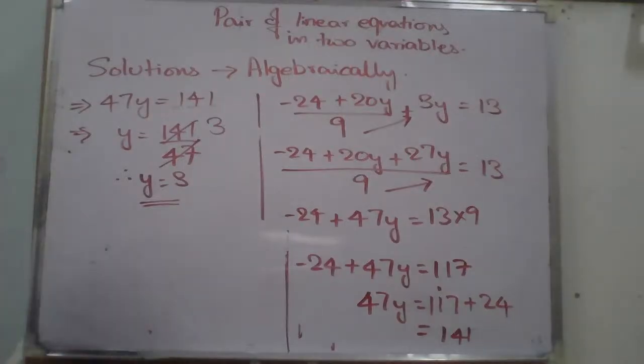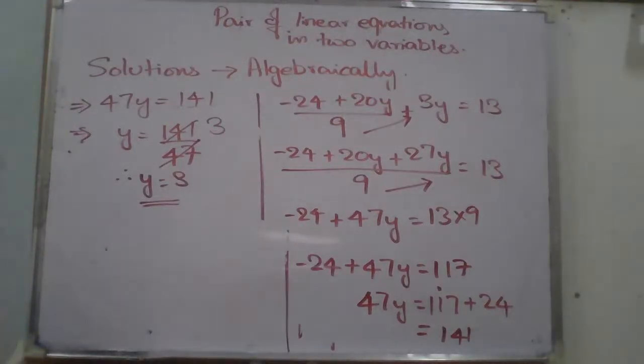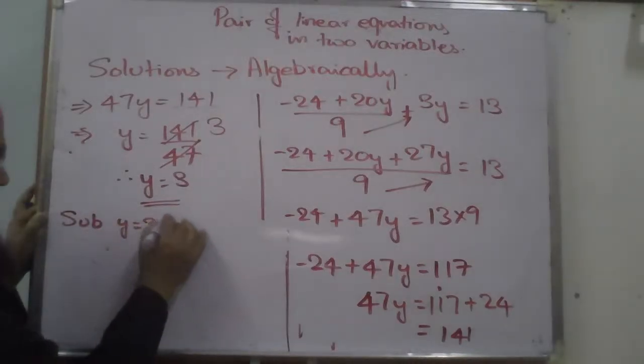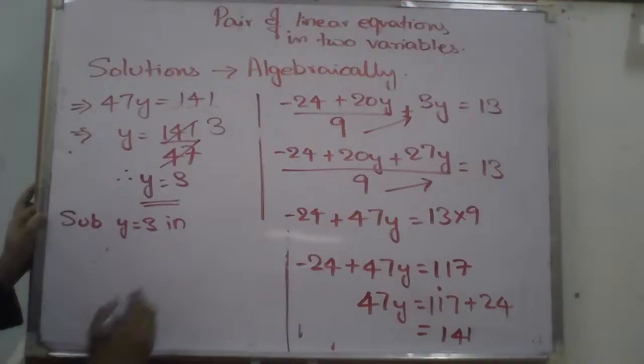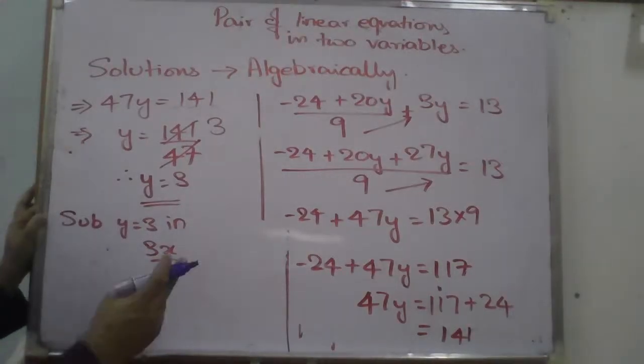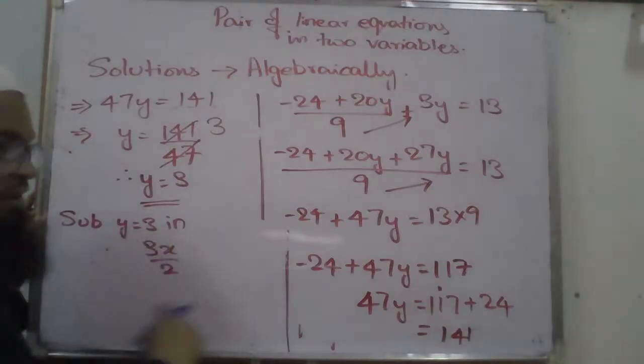Okay. Now substitute y is equal to 3 in any equation, whether it may be first or second. So substitute y is equal to 3 in the first equation, 3x by 2. You will get the value of x.